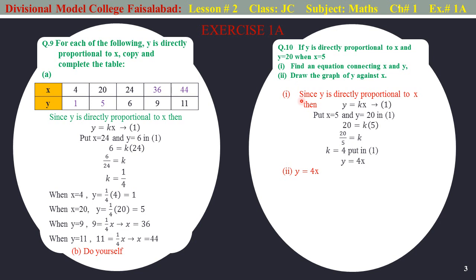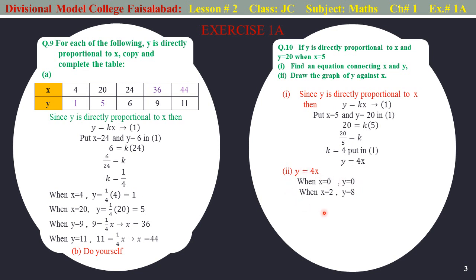We need another point, but these values are bigger values. We can put the value of x is equal to 0 here. Then x is equal to 0, y is equal to 0. We can take any other value which is close to the origin. x is equal to 1, when x is equal to 1, y is equal to 4, or when x is equal to 2, y is equal to 8. You can take any value, but one value should be 0 or 1, which is easy to plot.